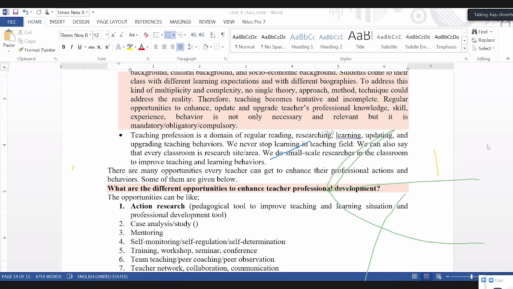So professional ethics, this is in secondary level.